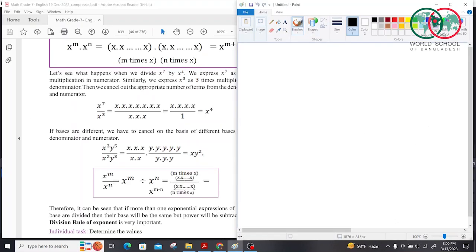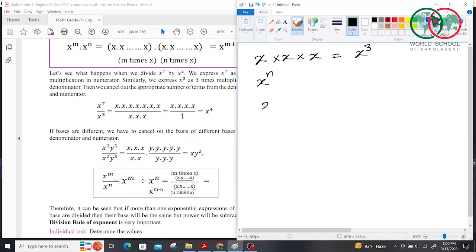Till now we have seen that, just like numbers, if a variable is multiplied, we can write it in exponent form. So if x is multiplied 3 times, we can write it x cube, and if it is multiplied n times, we write it as x to the power n.